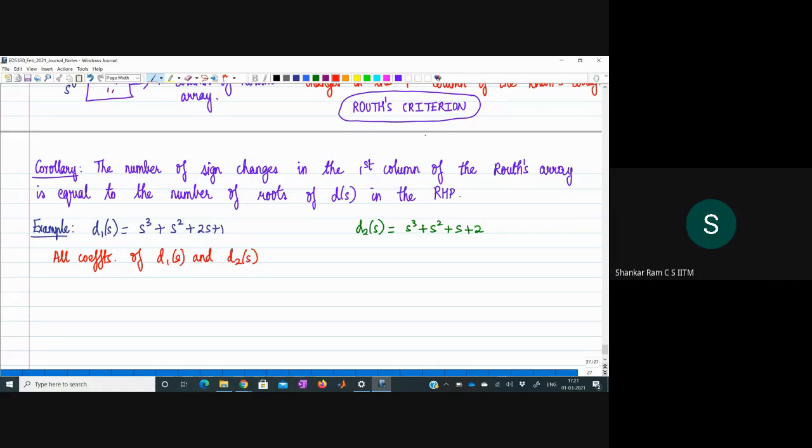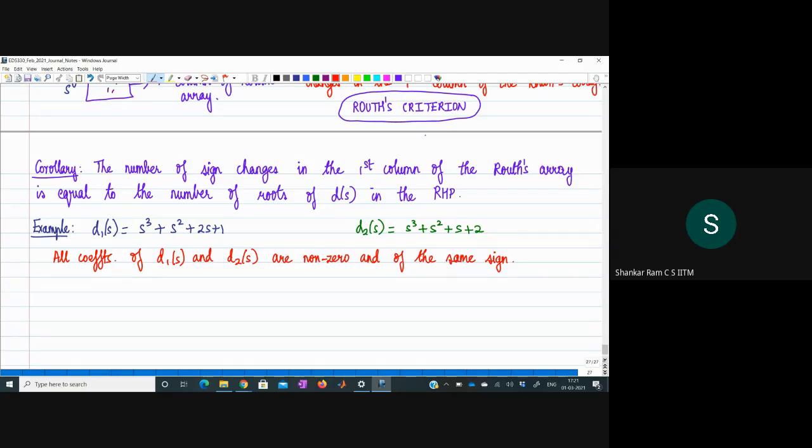So we can immediately see that both are third order polynomials, and we can immediately observe that all coefficients of D1 and D2 are non-zero and of the same sign. So that's one important observation that we can make.